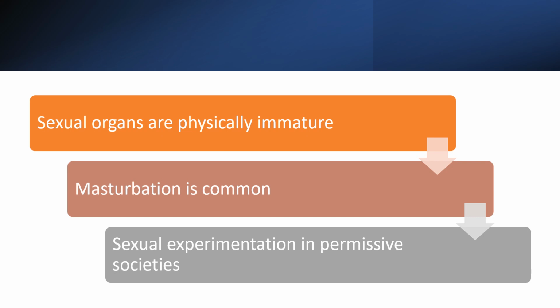Sexual organs are physically immature. Like what I mentioned a while ago, the budding of the breast and the growth of the penis start here, but it's not yet mature. The girls are encouraged to wear baby bras, and the boys are encouraged to have circumcision at the right time. If the boys have circumcision at a later age, for example 14 years old, that's very hard.